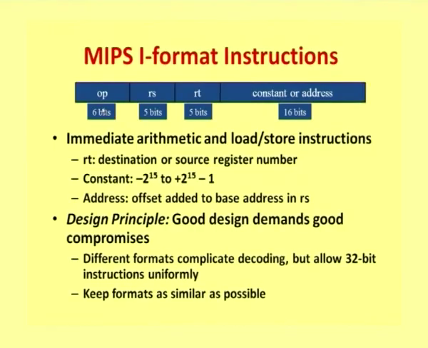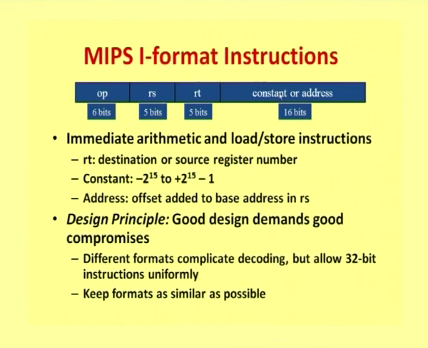The I format instruction would look like this. This is basically used for immediate and load and store instructions. You have only 2 registers specified here, and 16 bits are available for specifying constants or addresses. The constant is a signed number, it can go from minus 2 to the power of 15 to plus 2 to the power of 15 minus 1, and the address is generated by adding the offset to the base address in RS.